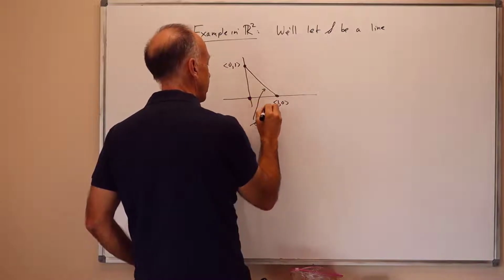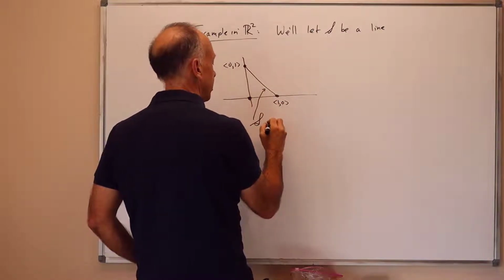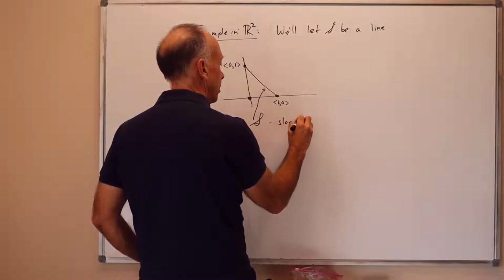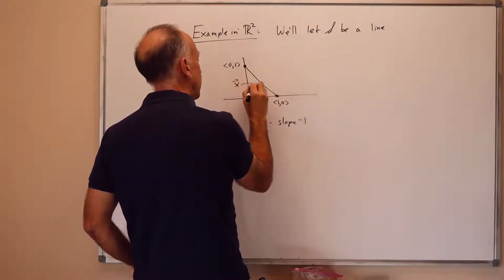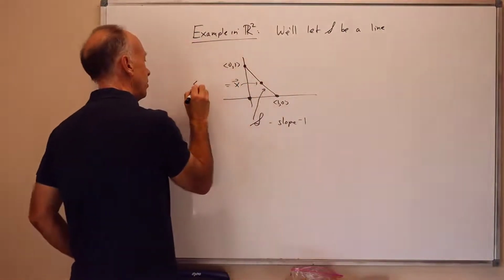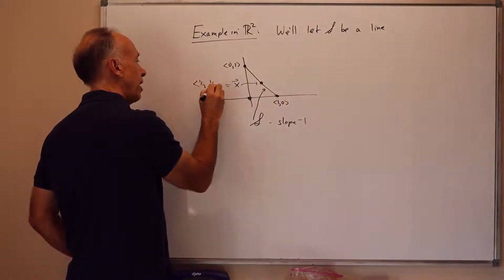So S is this line segment here. Its slope is -1. X is in the middle of that line segment, so it's equal to (1/2, 1/2).